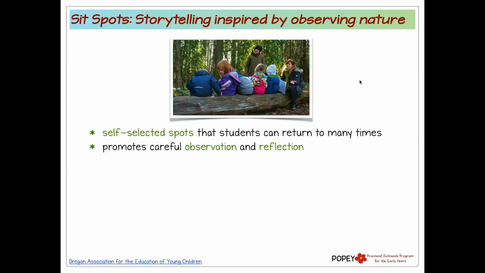This allows them to have their own space, their own spot that's different from the spot that our neighbors have. We have a different perspective. We have different things in our spot area. So it's very unique and local, and noticing what we can learn from our sit spot and the areas around us. So it really promotes that careful observation, reflection.